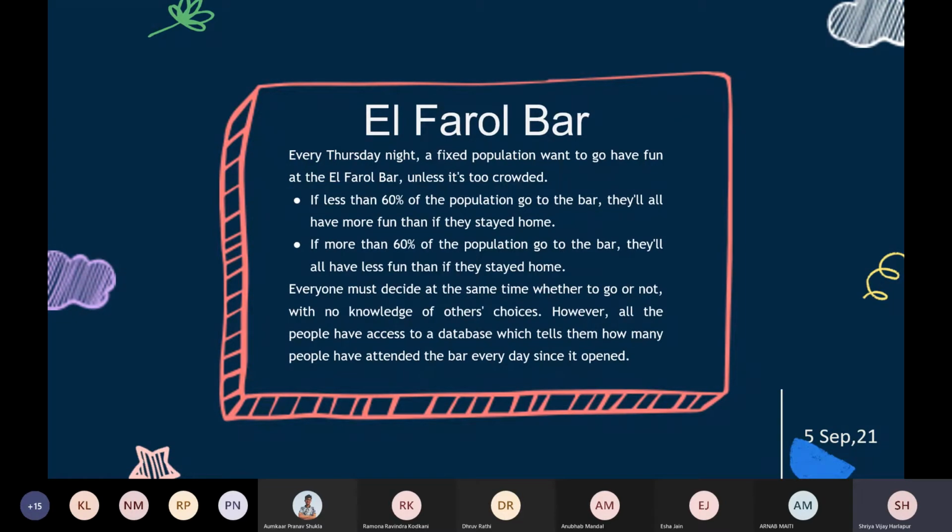about the 60% line and eventually even out to a constant of 60% over time, which is a very good solution, I would say. In fact, scientists did research on a slight modification of this problem where the people were only given the attendance for the previous Thursday night. So instead of having a database of the entire attendance, they were only told how many people attended the previous Thursday night.